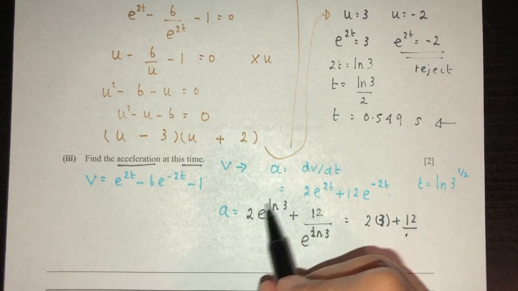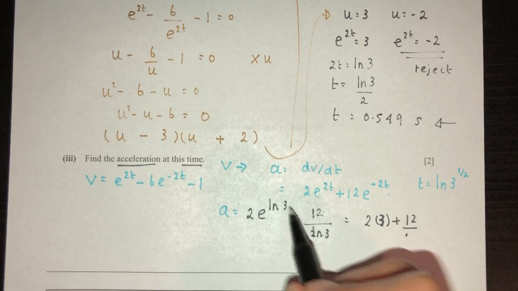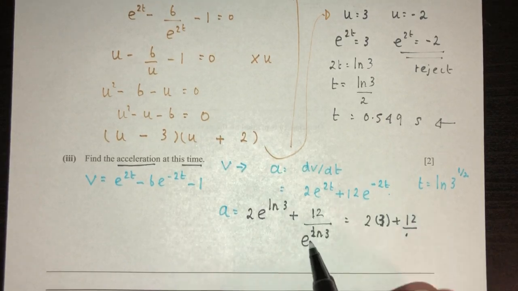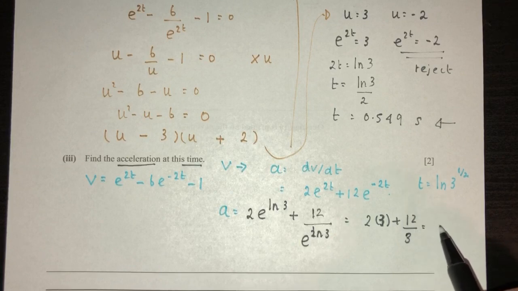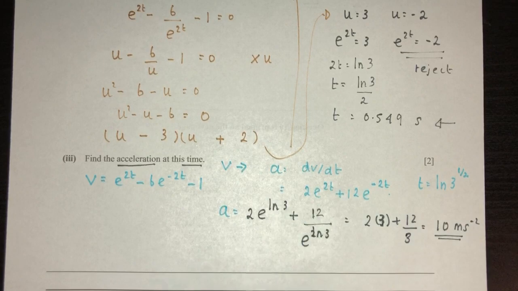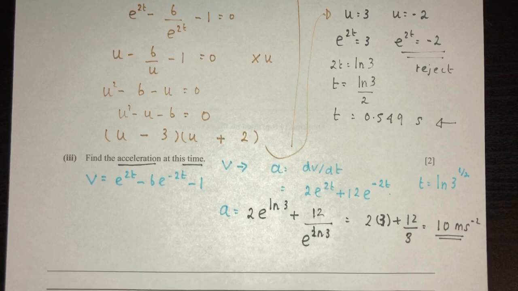Whenever you have an exponential to the power of ln, this cancels out and becomes the value, and 12 divided by 3 as well. That will become 6 plus 4, which is 10 meters per second squared. And that is your answer for part 3. So that will be the last question of this paper. That was question number 10. I hope that was somewhat useful, and as always, thank you guys for watching, and I will see you soon.